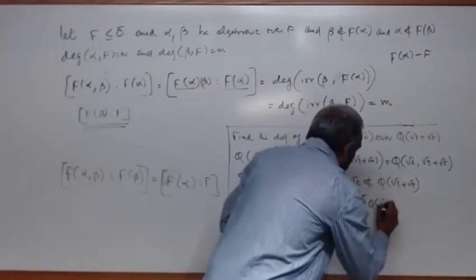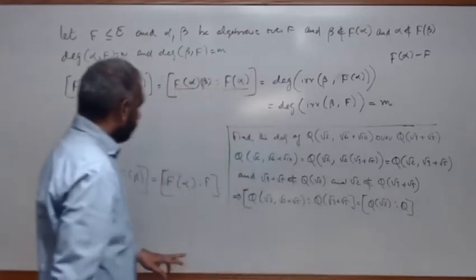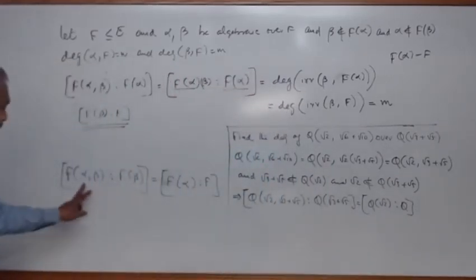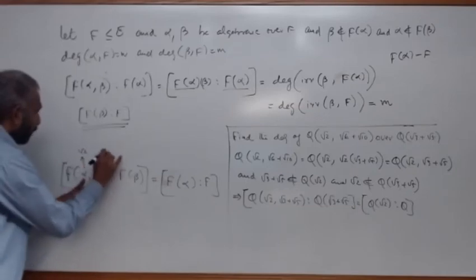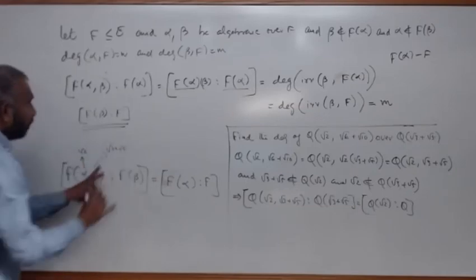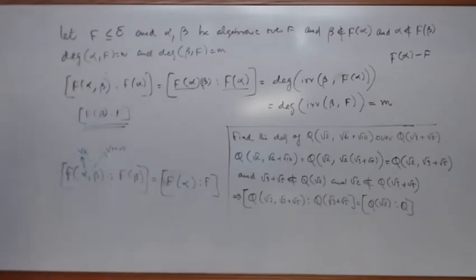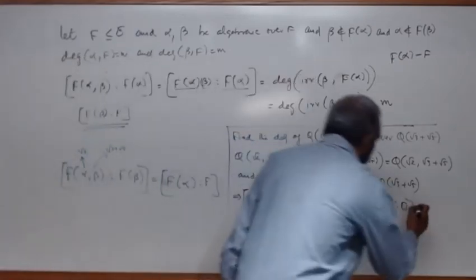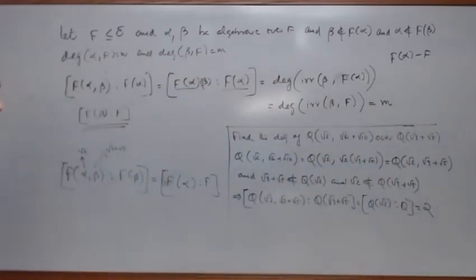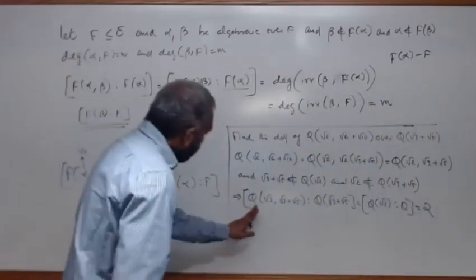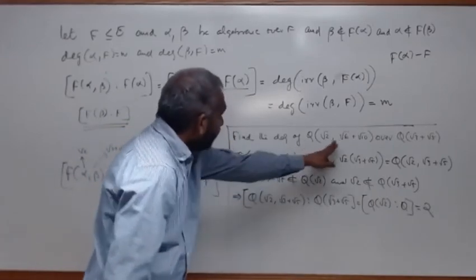Q of root 2 comma Q. Just like this. This is our root 2. This is our root 3 plus root 5. And all these conditions are satisfied. And this is nothing but, so this is actually Q of root 2 comma root 3 plus root 5, but that is same as this.